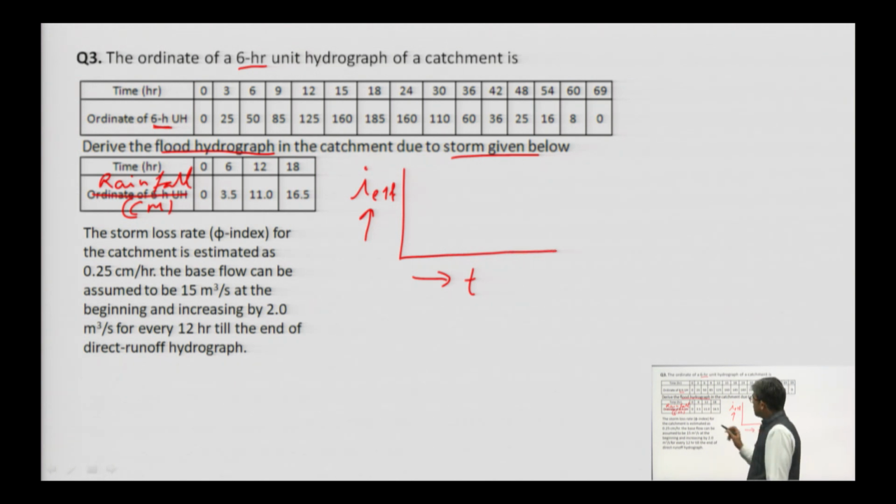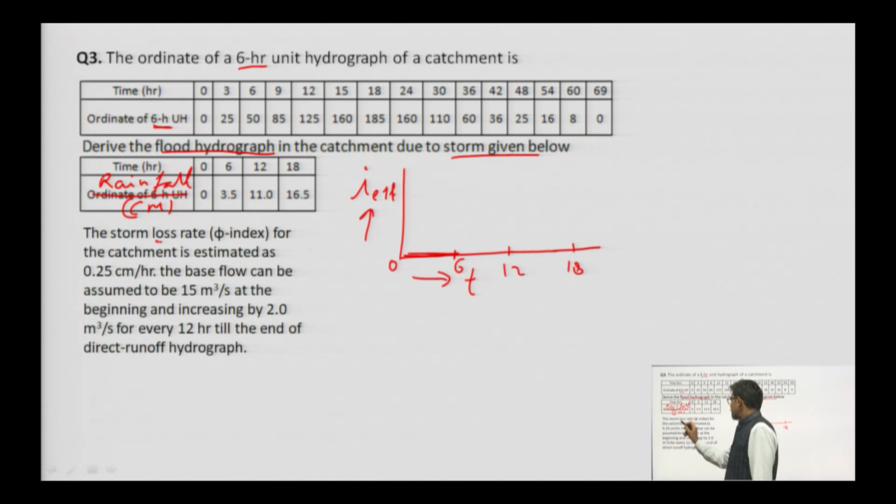In the first 6 hours, the precipitation is 3.5. Actually, it is total.